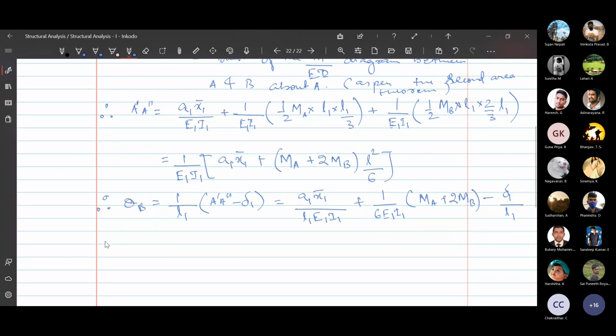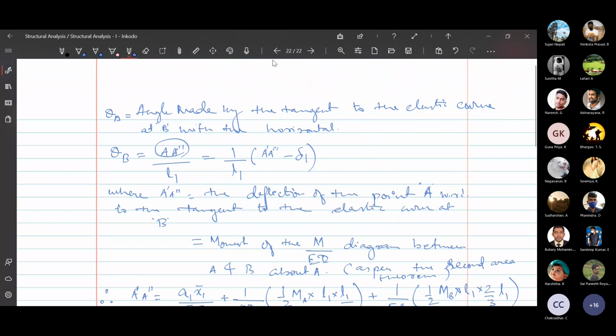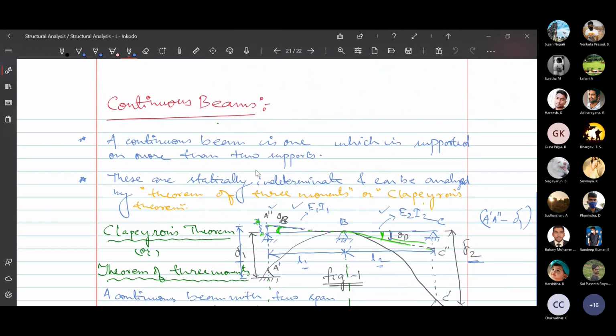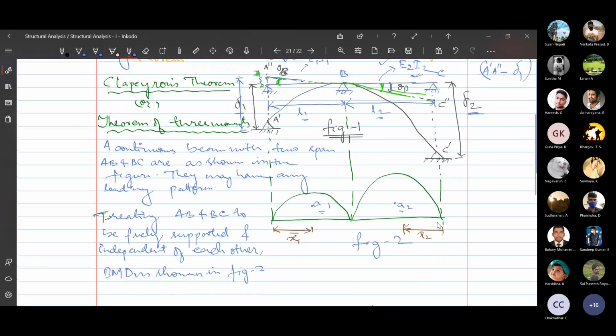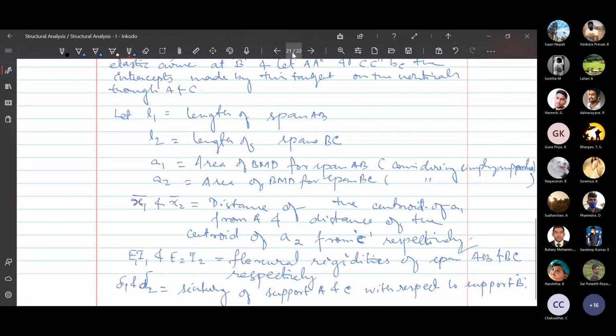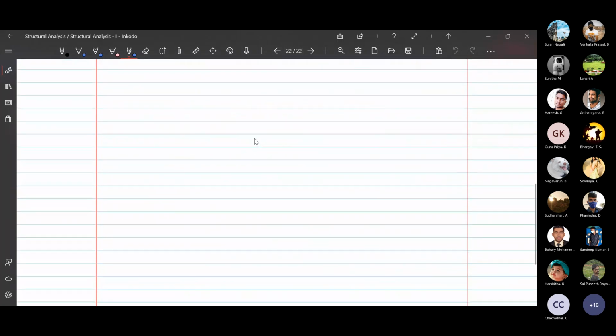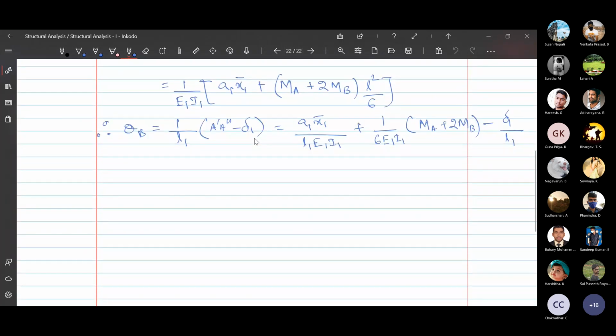Similarly, this is if we consider the left hand part, only the span AB. If we consider span AB, this will be theta B. If we consider the span BC, what will be the theta B?